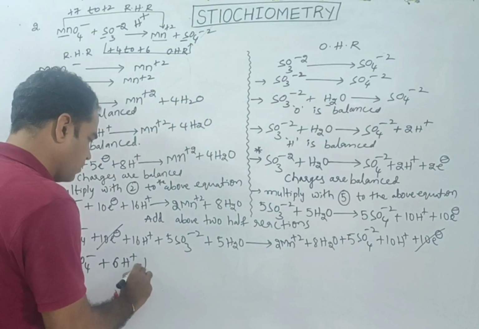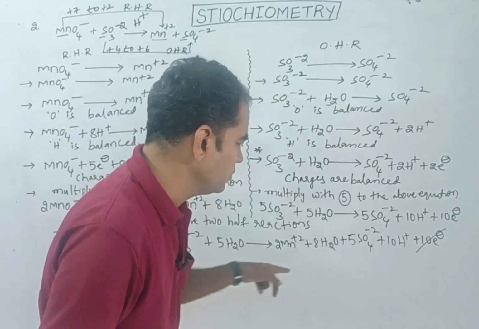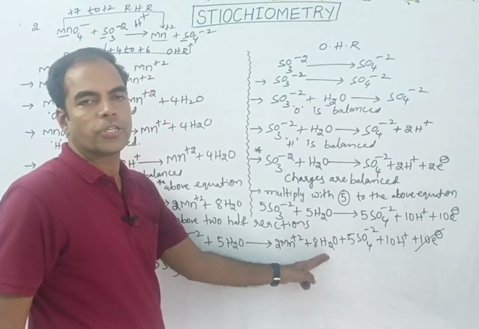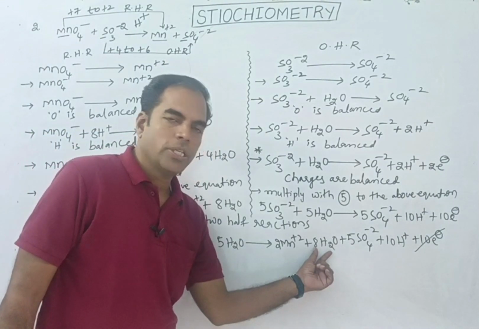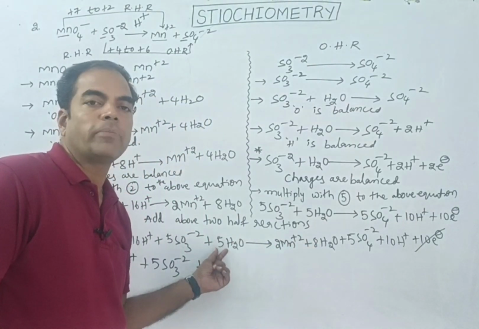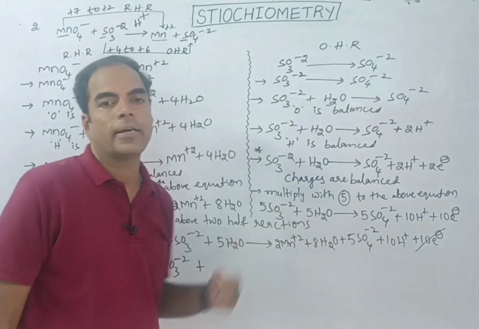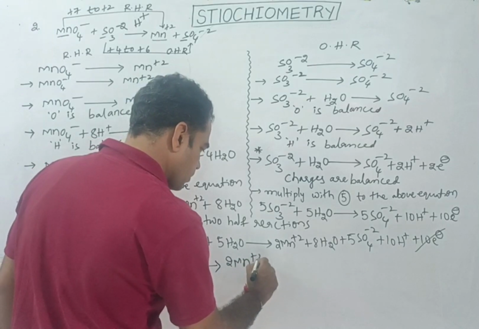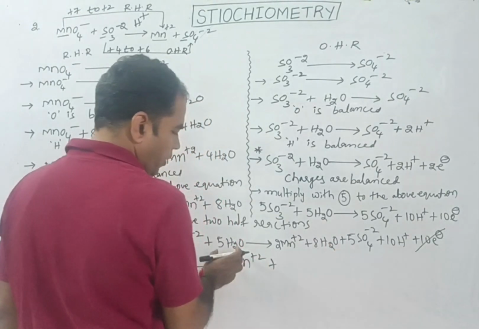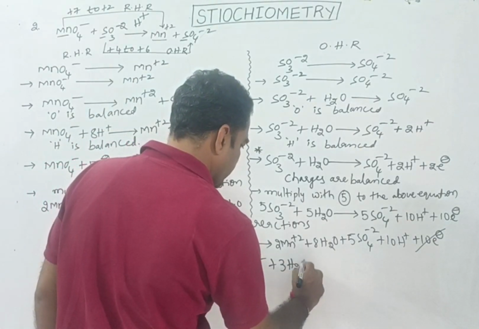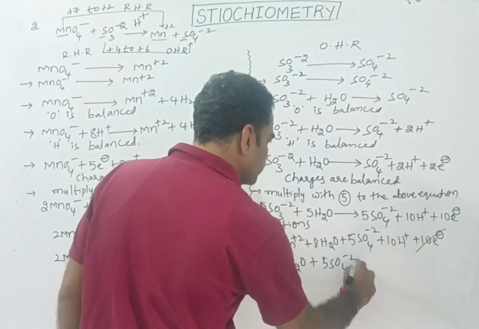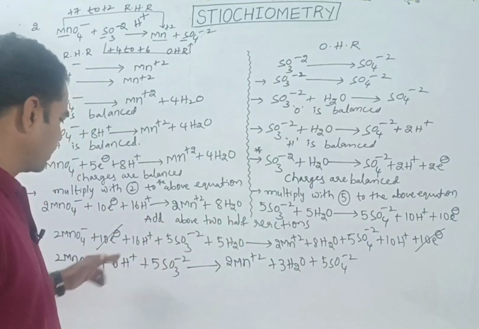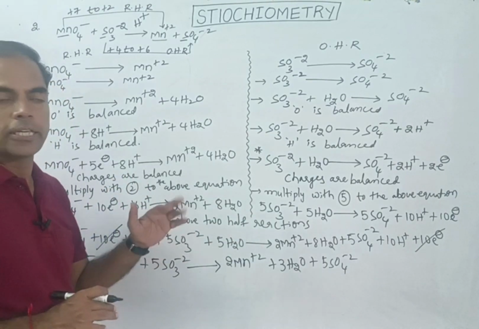SO3²⁻, there is no SO3²⁻ term on the right, so 5SO3²⁻. Here 5H2O, 8H2O. 8H2O is the larger number, so 8 minus 5, that means 3H2O, represented on the right side, plus 5SO4²⁻. 10H⁺ already subtracted from 16H⁺, 10 electrons cancelled. So this is the finally balanced chemical equation.